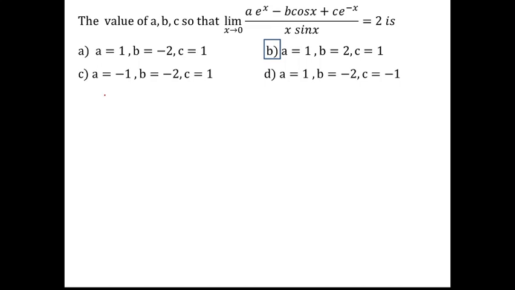So let's consider that L is equal to the given limit, that is, limit as x tends to 0 of a e raised to x minus b cos x plus c e raised to power minus x upon x sin x. Now this limit has a definite value, so let's apply the limit.